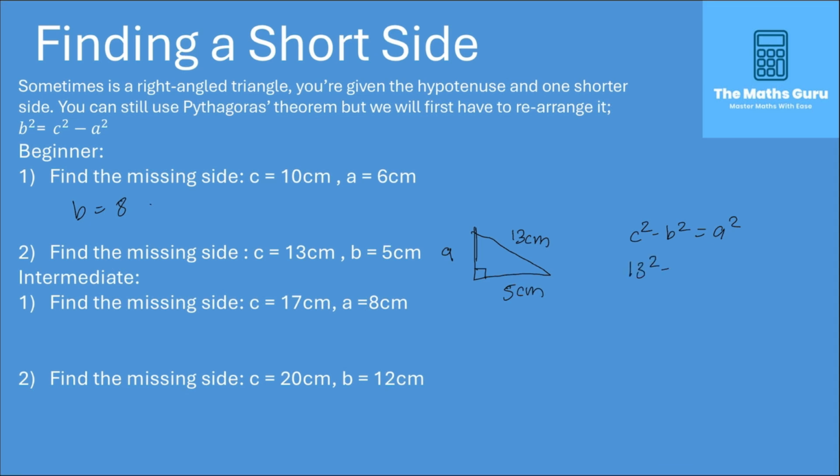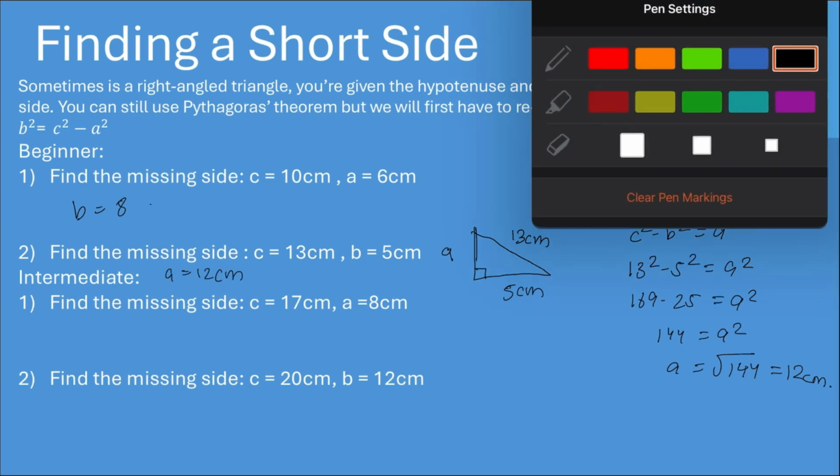Hence, 13 squared minus 5 squared is equal to a squared. 169 minus 25 is 144, which is equal to a squared, which means a is equal to the square root of 144, which makes a equal to 12 centimeters. Hence, the missing side a is equal to 12 centimeters.